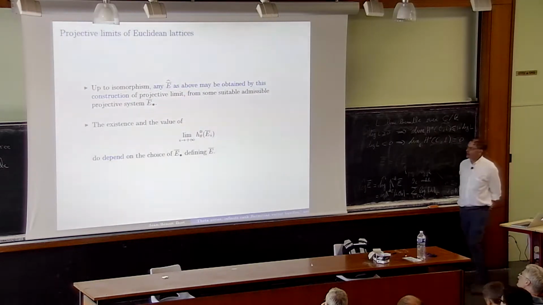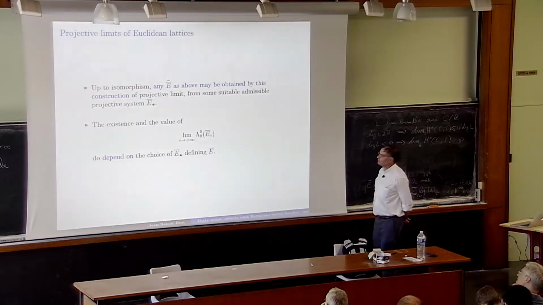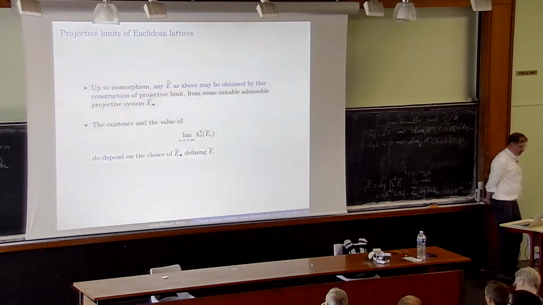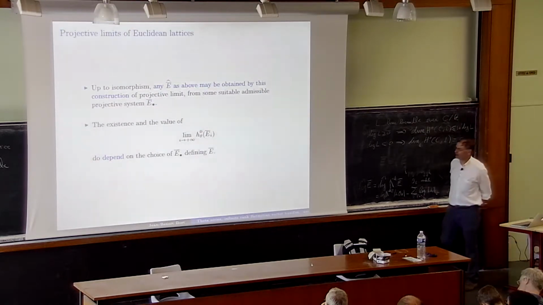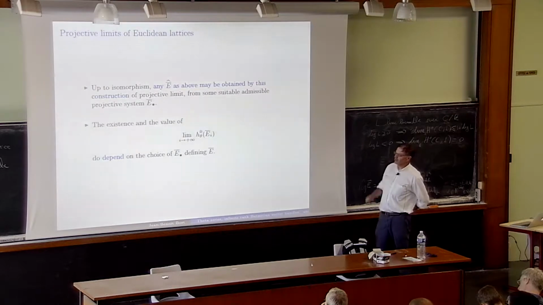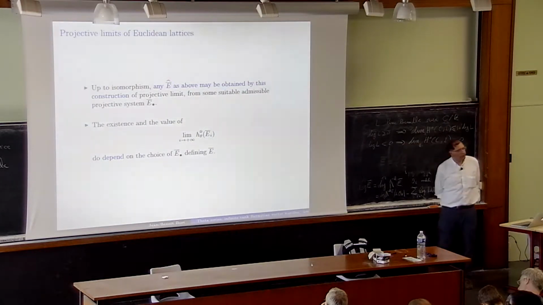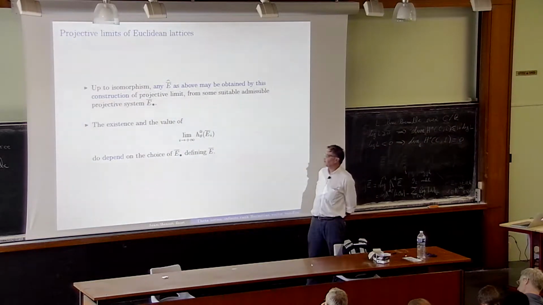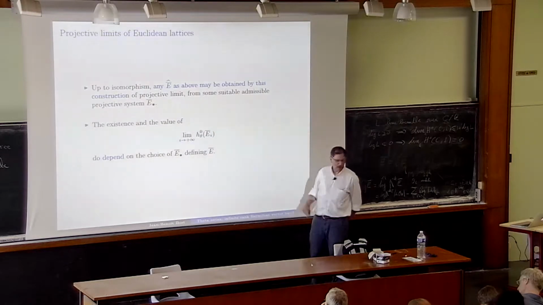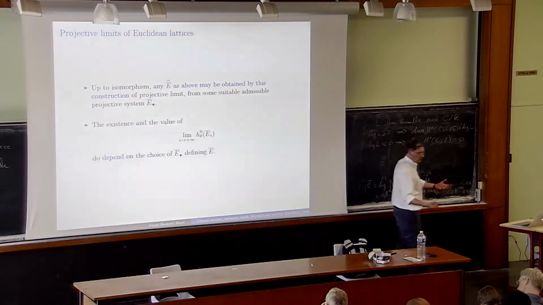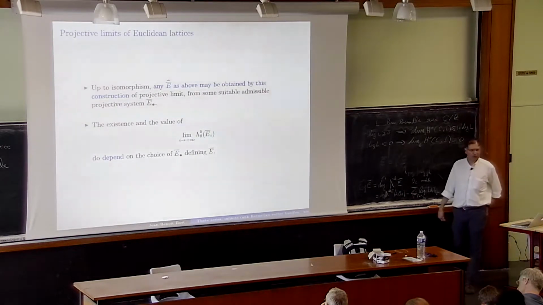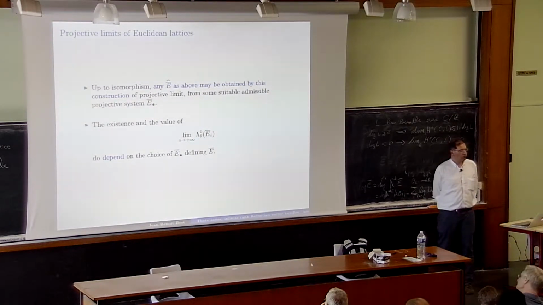But a very tricky point is that if you want to extend the definition of the theta invariant to these infinite rank objects by taking some limit, it's not formal. It's very easy to see that the asymptotic behavior of H0 theta of the Ei's depends on the choice of the projective system from which you construct your projective limit.